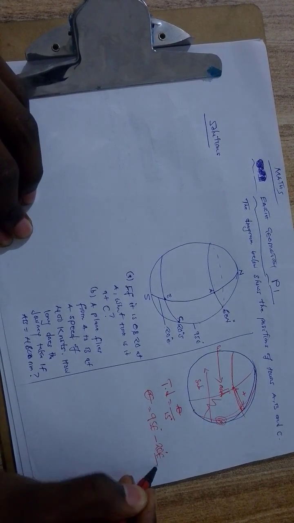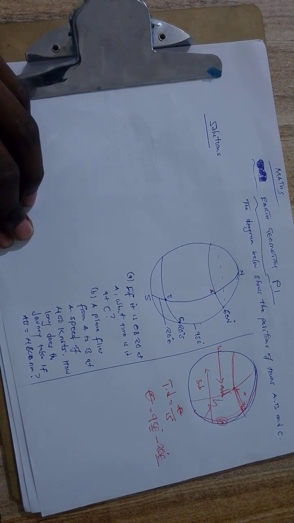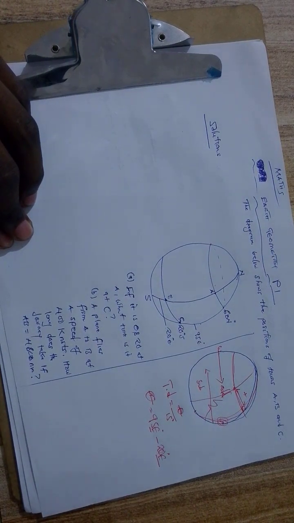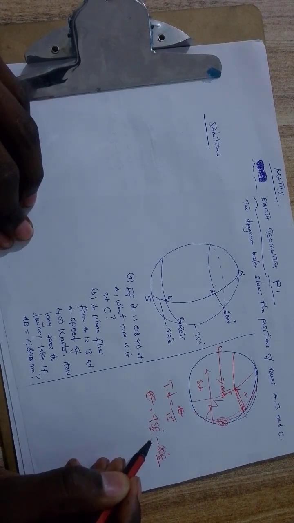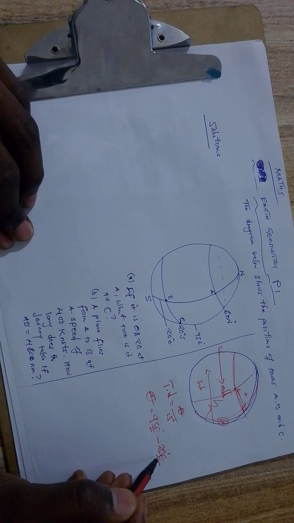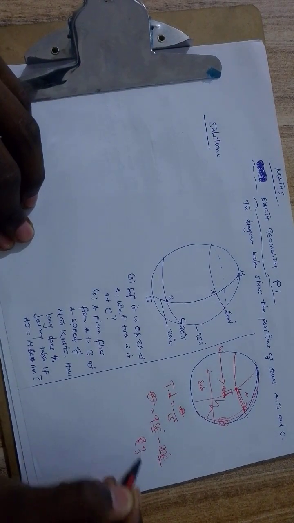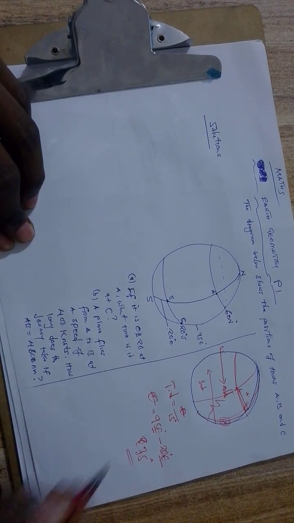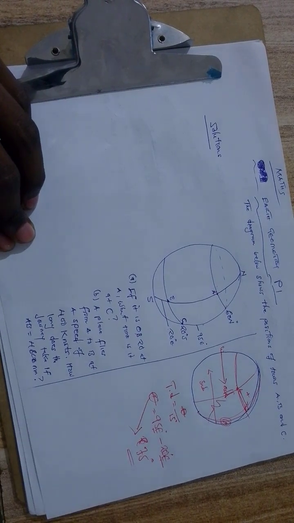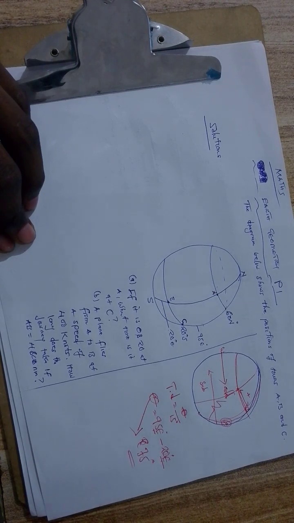So we subtract when the positions are on the same side, and we add when the positions are in different or opposite directions. So since we have east, we subtract 20 from 95 and get 75 degrees. This is the value for theta. That is the basic part about time calculation.